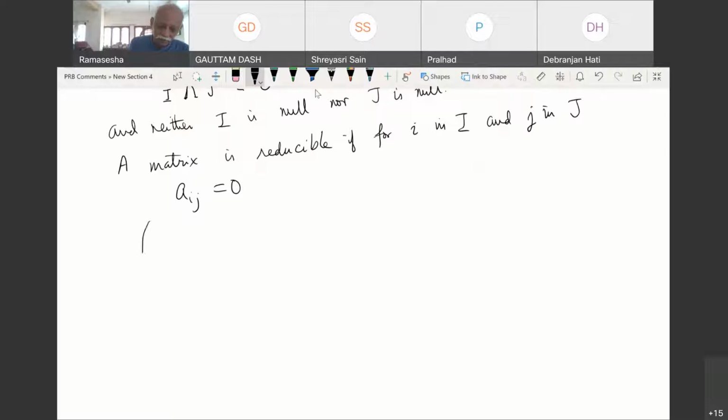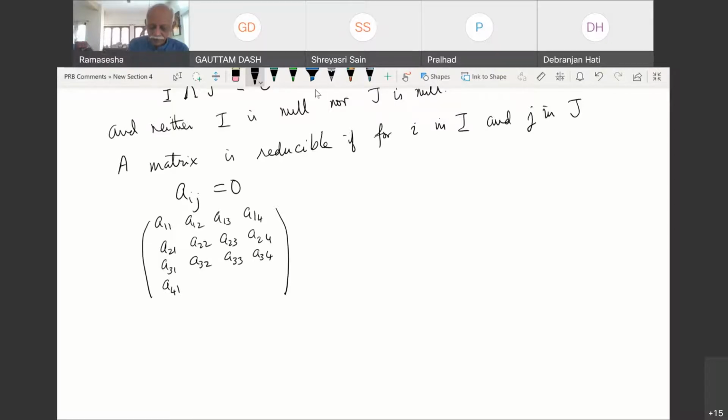Let me take a 4x4 matrix: A11, A12, A13, A14, A21, A22, A23, A24, A31, A32, A33, A34, A41, A42, A43, A44.